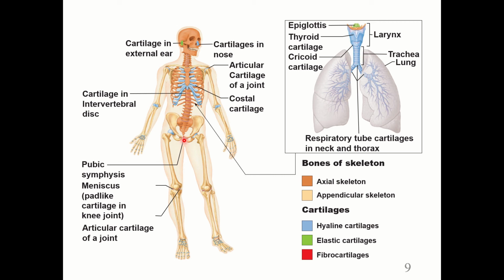The fibrocartilages withstand compression and are shown in red, and they're found in the pubic symphysis, the intervertebral discs, and the menisci of the knee.